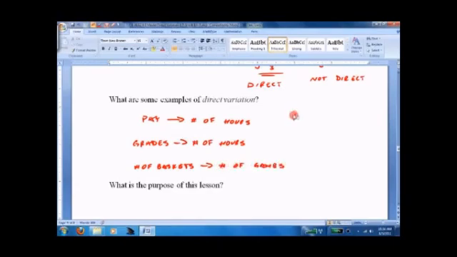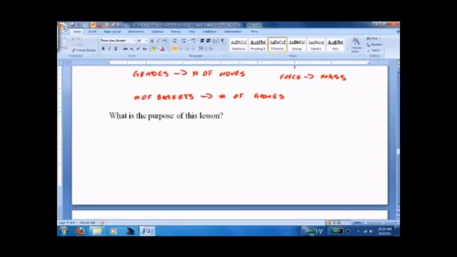In physics, we have F equals ma. And if it's a gravitational pull, for instance, a rock falling, then the force varies directly with the mass. More mass, more force. Less mass, less force. So those are some examples. What's the purpose of this lesson?